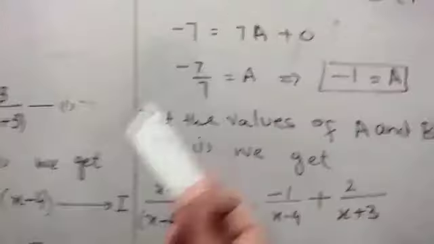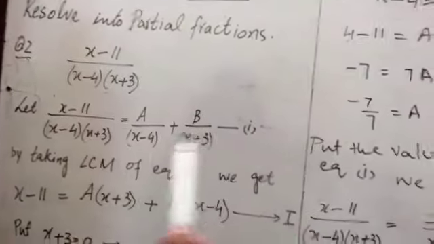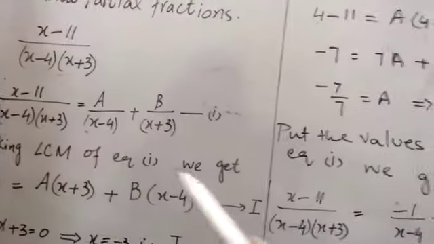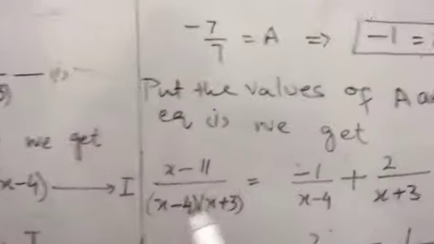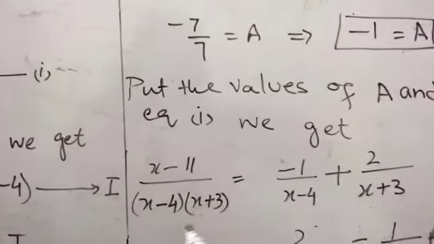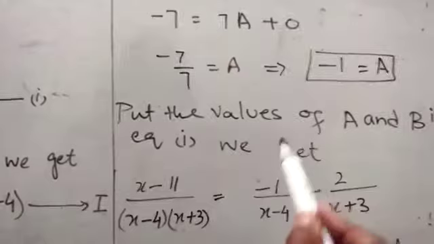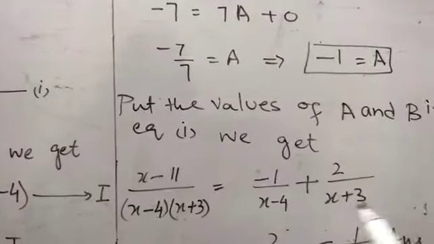We will put these two values in equation number 1. In this equation there are supposing numerators A and B. Now we put the actual values of A and B here, and we get (x minus 11) over (x minus 4) into (x plus 3) equals minus 1 over x minus 4 plus 2 over x plus 3.